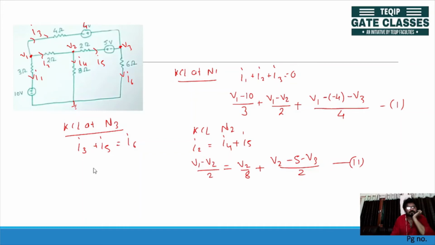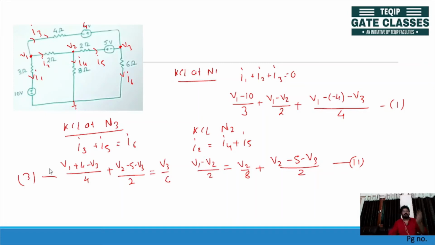So I3 is V1 minus of minus 4, that is plus 4, minus V3, divided by 4, plus I5. I5 is V2 minus 5 minus V3 by 2, is equal to I6. I6 is V3 by 6. So this is your third equation.